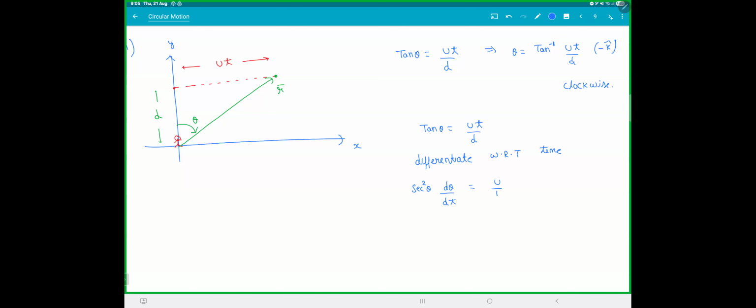This will be u by d. d theta by dt is omega. So this will be u by d sec square theta. Sec square theta is nothing but 1 plus tan square theta, and tan theta is ut by d. Substitute here, so you end up with ud by d square plus u square t square. Check. That's how you get it from differentiation.